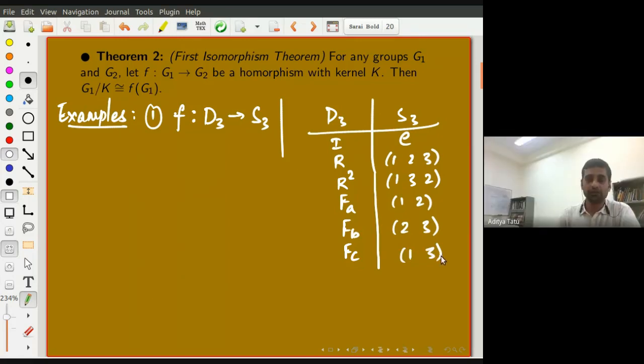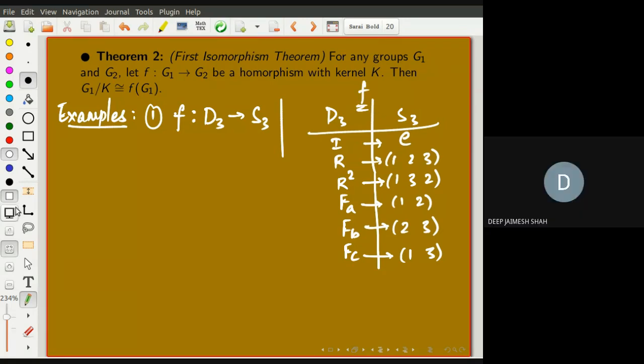So I'm assuming this is a homomorphism, right? I hope you have verified this, in the sense that the group tables should be the same if you relabel according to this scheme. If you do that, then this becomes a homomorphism. In fact, what is this map? It's a homomorphism, bijective. Isomorphism as well. This is an isomorphism, right?